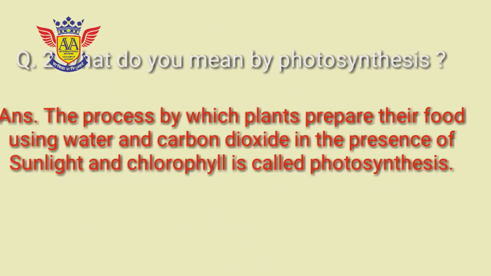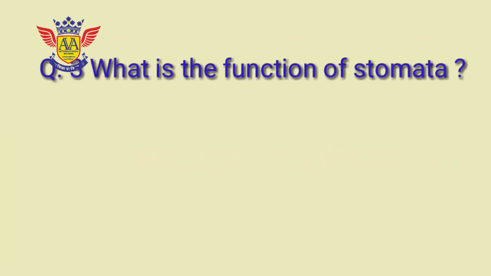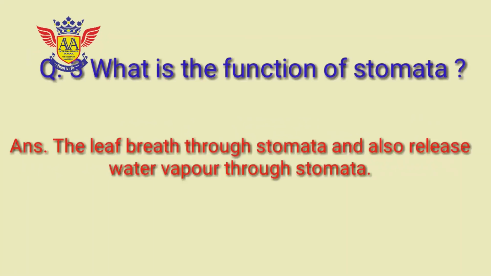Question 2 is: what do you mean by photosynthesis? The answer is: the process by which plants prepare their food using water and carbon dioxide in the presence of sunlight and chlorophyll is called photosynthesis. Moving ahead, question number 3: what is the function of stomata?